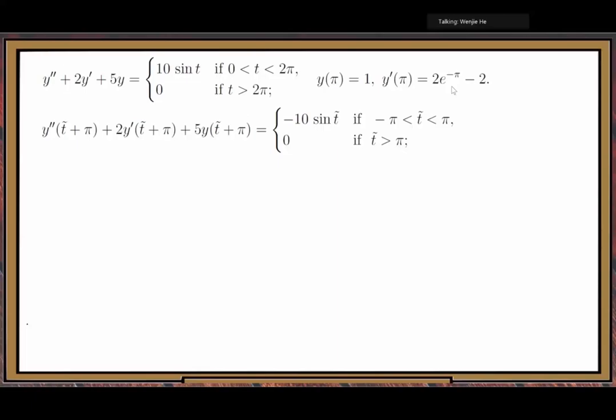Although you see the domain is extended to the negative half of the axis, some of the students throw away this negative half because it's irrelevant, right? When you apply Laplace transform, if you have this part or you do not have this part, you get the same result.